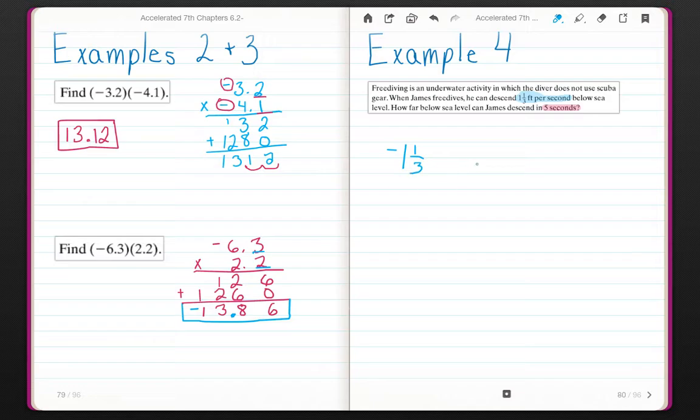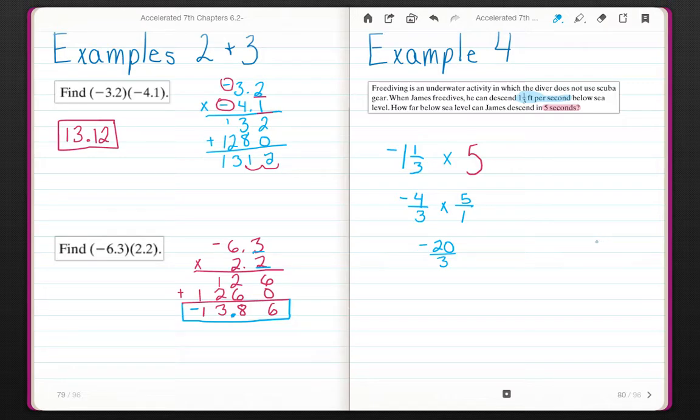1 1/3 feet per second times 5 seconds. So I have a mixed number. I need to change that into an improper fraction. So negative 4/3 times 5/1. Negative 20/3.